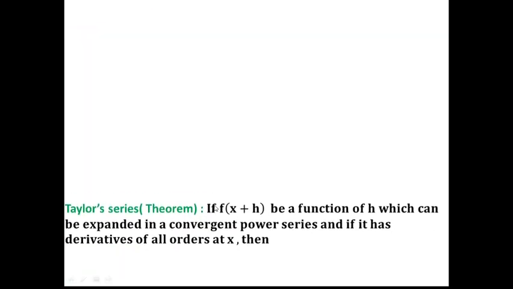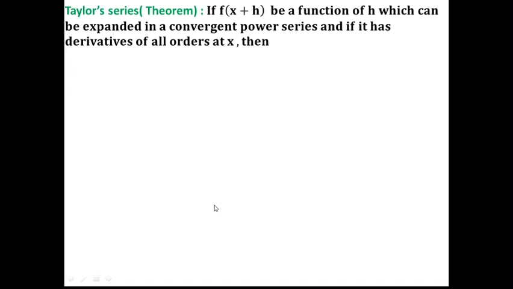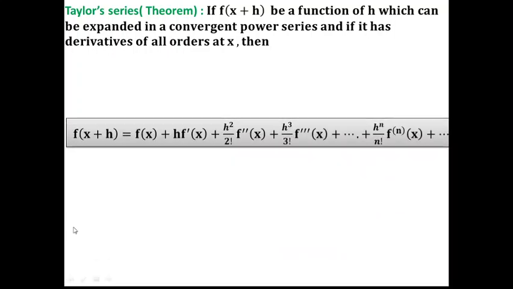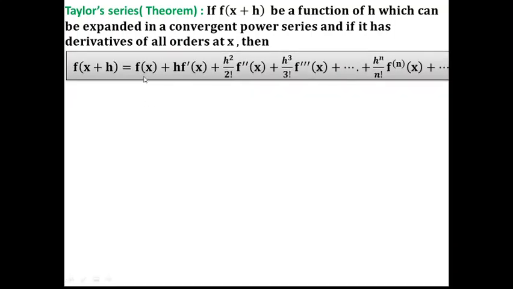So let's see the first series, that is the Taylor series. What is the statement of Taylor's theorem? If f(x plus h) is a function of h which can be expanded in a convergent power series, and if it has derivatives of all orders at x, then f(x plus h) is equal to f(x) plus h f'(x) plus h squared by 2 factorial f''(x) and so on.